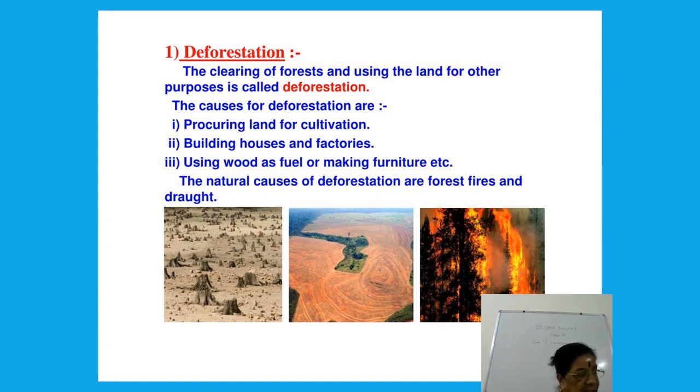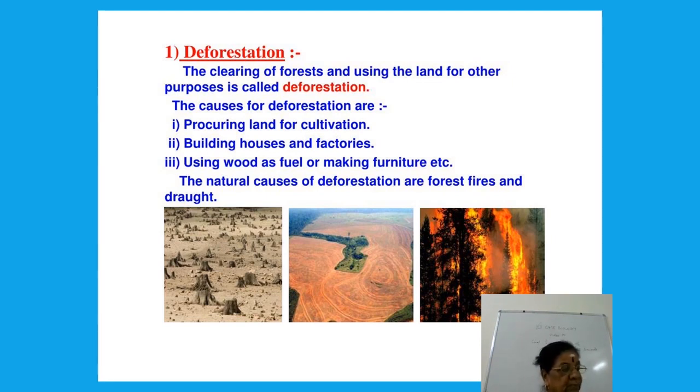A great variety of plants and animals exist on earth. They are essential for the well-being and survival of mankind. Today, the major threat to the survival of these organisms is deforestation.